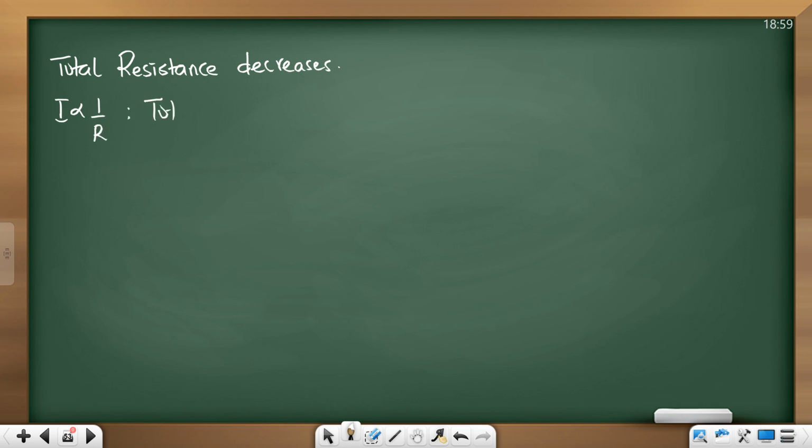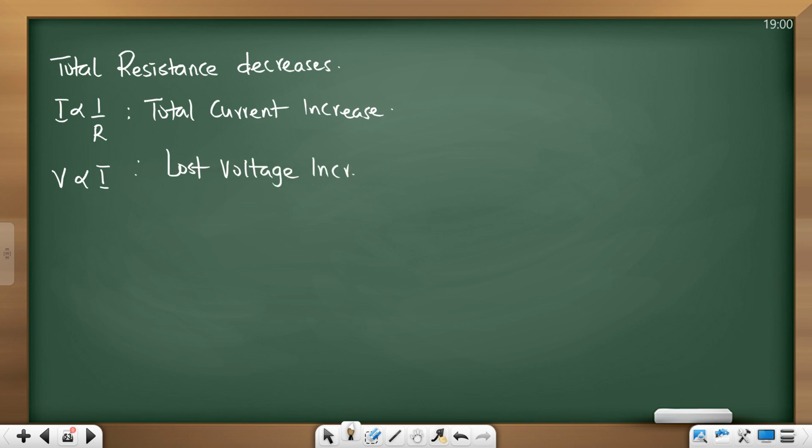So what happens? Total current will increase. Then according to Ohm's law, V is directly proportional to I. What's going to happen? Lost voltage will increase, because my current has increased.